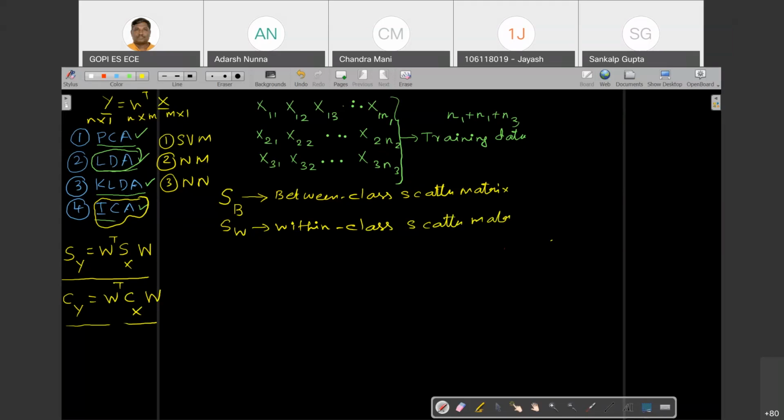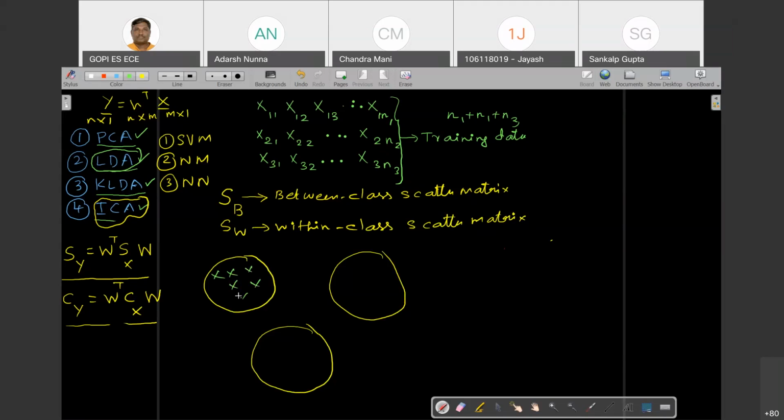So this is actually the estimate of the expectation. Say, for example, these data are arranged like this at a particular feature dimension. So let us say one illustration is done using two classes available.